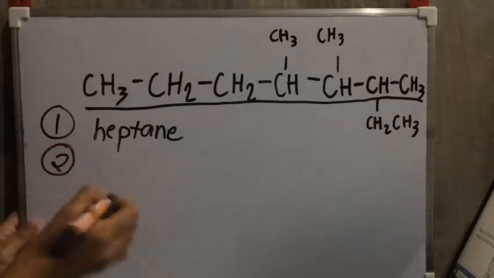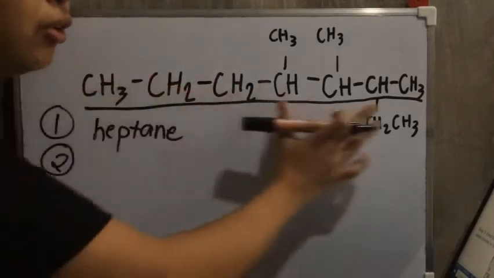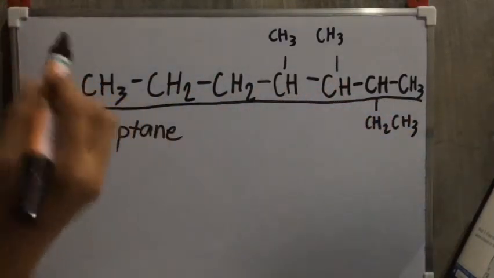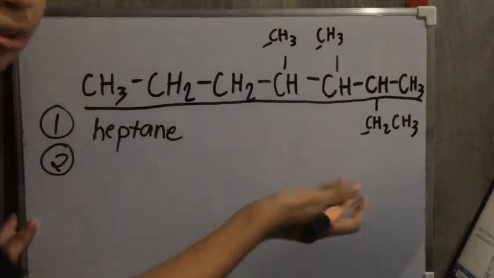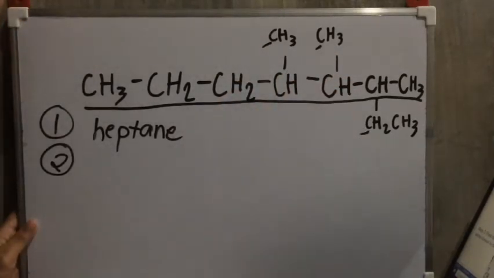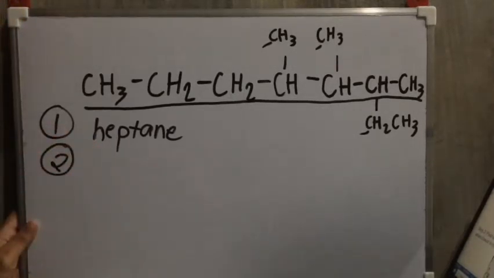Next, our step 2 is find the substituent. Okay, hanapin daw asan yung mga substituent o yung alkyl group, yung nakakonekta dito sa ating parent chain. So, yung mga nakakonekta sa parent chain natin, ito, tsaka ito. Kaya lang nakalagay, di ba? Number the carbons, 1, 2, 3, and so on, starting at the carbon atom closest to the substituent or the alkyl group.